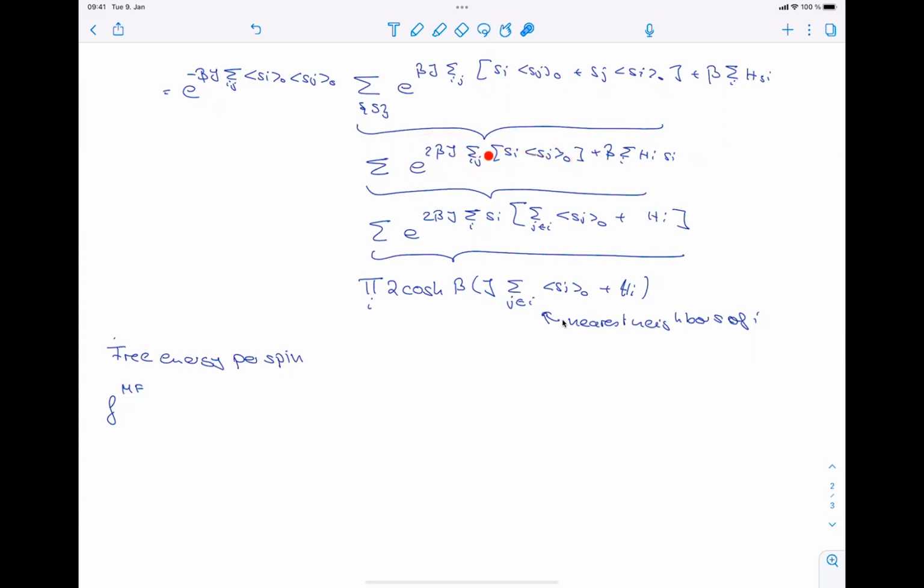What I'm doing actually when I go from this line to this line is that I'm dragging out the sum over Si, and so what I'm summing over when I sum over Si and Sj is actually the amount of bonds, right? But if I drag out the sum over the individual spins, then I count the bonds twice all of a sudden.